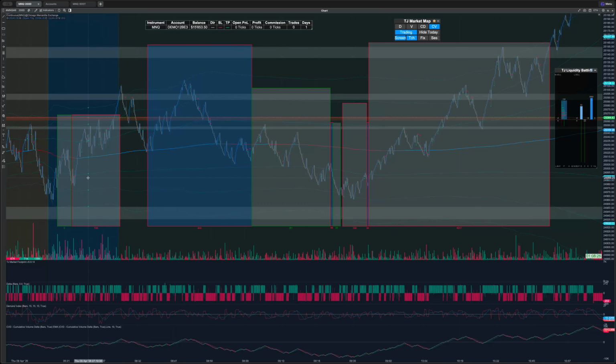But I managed somehow to ignore this 143 ticks profit, which was already kind of shaky here. At the latest when it broke that low here, I should have gone out of that trade.